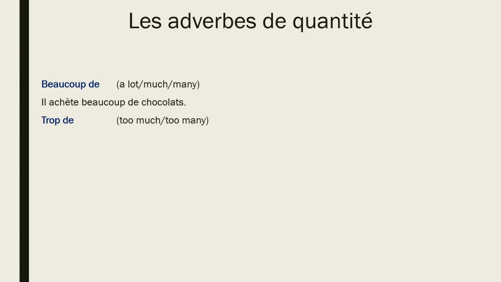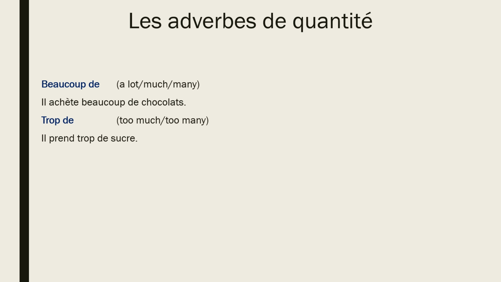Next we have trop de. It means too much, too many. Example, il prend trop de sucre. It means he takes too much sugar. Now here, if you see, there's a difference between beaucoup de and trop de.